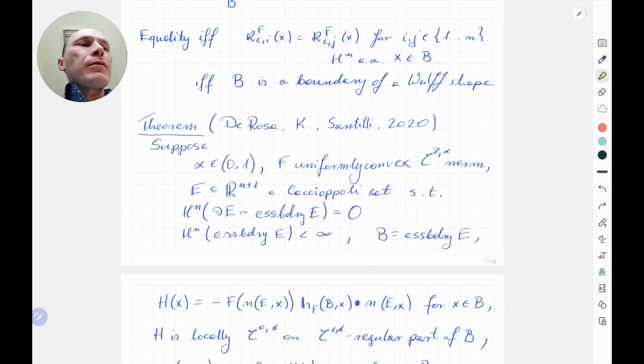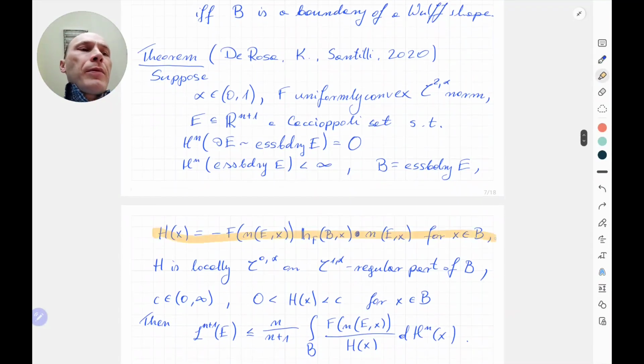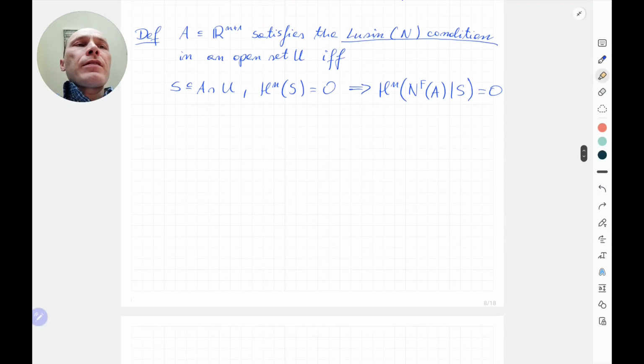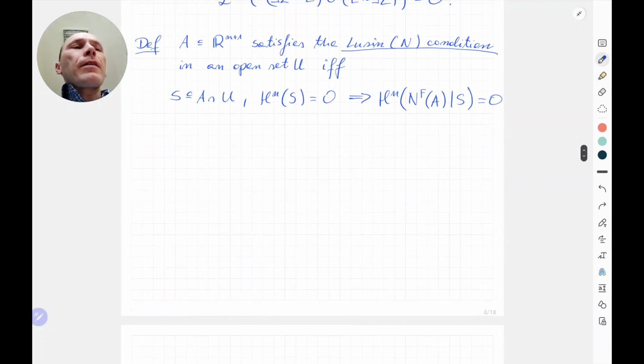This is always what we need to know. So if this varifold has bounded mean curvature and has this property, then we can prove that the support of V satisfies the Lusin N condition. So there is a lemma.